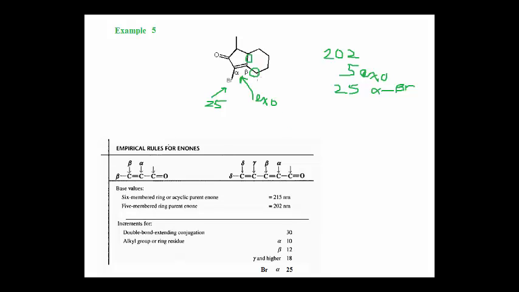So you add 12 for each of these carbon residues. 12 plus 12. Beta alkyl group, beta alkyl group.